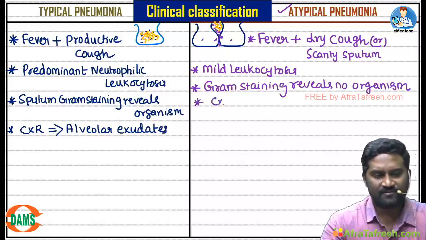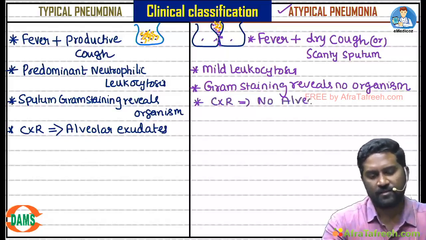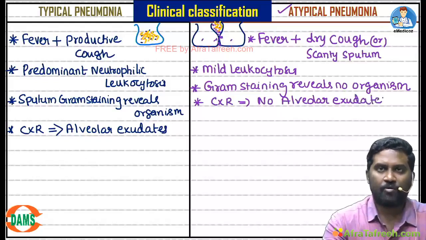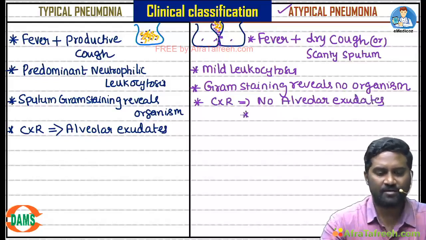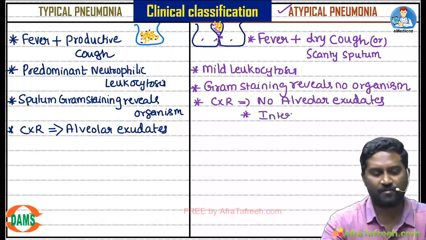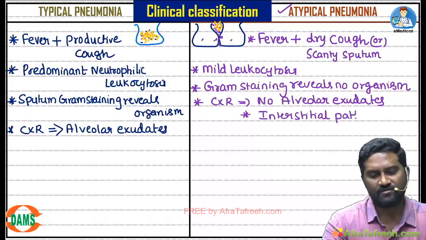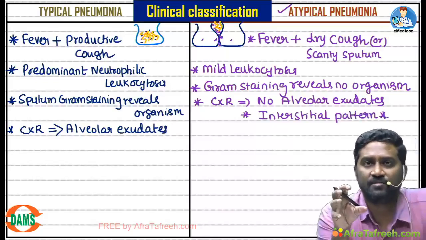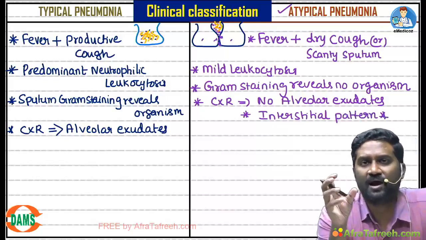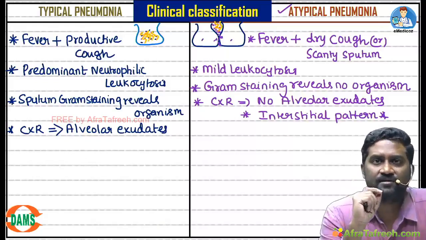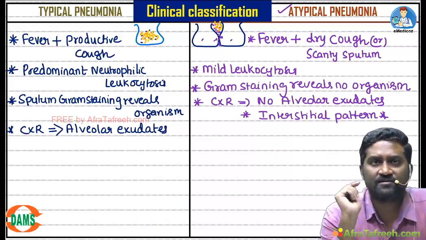And if you take a chest X-ray, you don't see alveolar filling, you don't see alveolar exudates, you find only a hazy pattern called the interstitial pattern. What is this interstitial pattern? I will show you on X-rays. What you see is called an interstitial pattern. So there will be no particular alveolar exudates, because alveoli are not filled with secretions. What you see is only interstitial pattern.